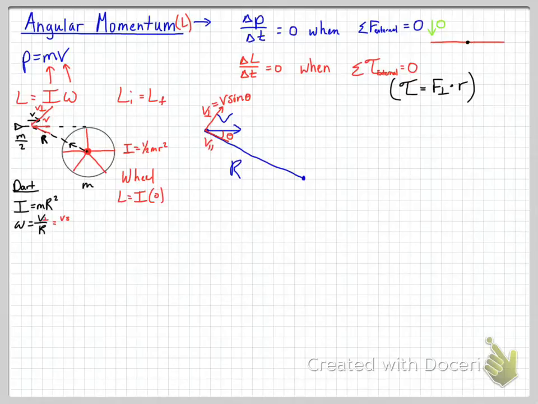So we have v perpendicular for our dart coming in, and omega equals v sine theta over r. So now we have our angular momentum is m r squared times v sine theta over r. Simplifying that equation, we can cancel out the r on the bottom and one of the squares, and we end up with m v open parentheses r sine theta close parentheses.